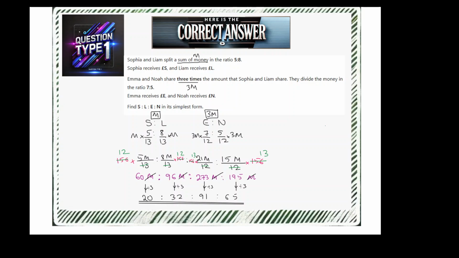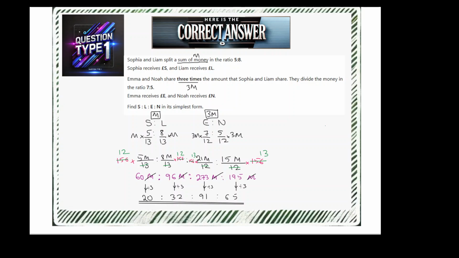Here is the correct answer. And you just follow the same thing. It's m amount of money between Sophia and Liam, and 3m amount of money between Emma and Noah. And you just get the fractions as usual. Multiply the first two by m, the third one and the fourth one by 3m. And you can see the LCM here is 156.